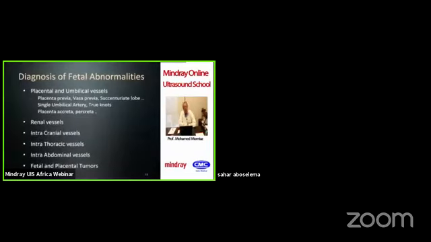Other fetal abnormalities that you can use color Doppler to diagnose or to confirm are, of course, placental and umbilical vessel abnormalities, like placenta previa, vasa previa, succenturiate lobe of the placenta, single umbilical artery, true cord knots, placenta accreta, percreta, and so on. Fetal renal vessels are very important to get by color flow.